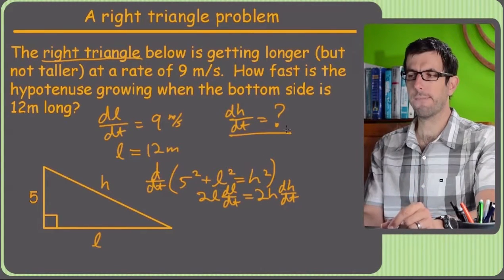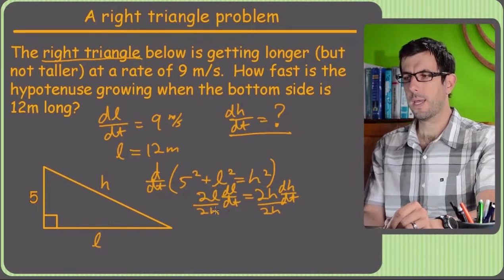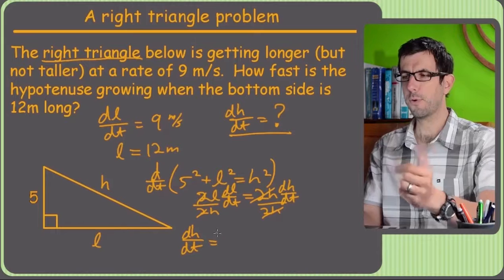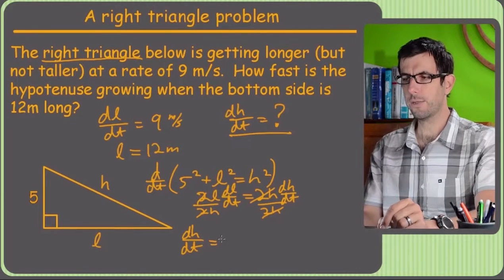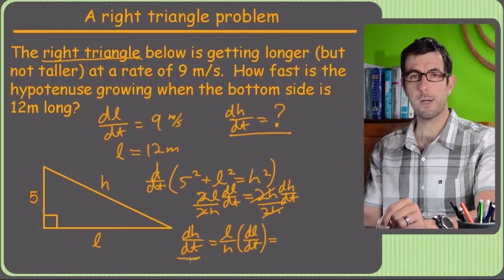That's what they asked for, right? That's the one I've got the question mark next to. So I need to get dh/dt by itself. So I'll divide both sides by 2h. That'll cancel that. That'll cancel that. So I'll end up with dh/dt, just flipping the order here, equals L over h times dL/dt. All right, so now I just need to plug in the given information, because the thing I want is right here by itself.